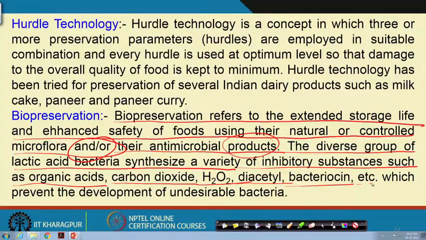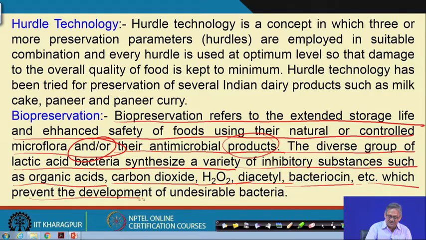For example, the one which we said, hydrogen peroxide. Hydrogen peroxide is very antimicrobial, right? So which prevents the development of undesirable bacteria.